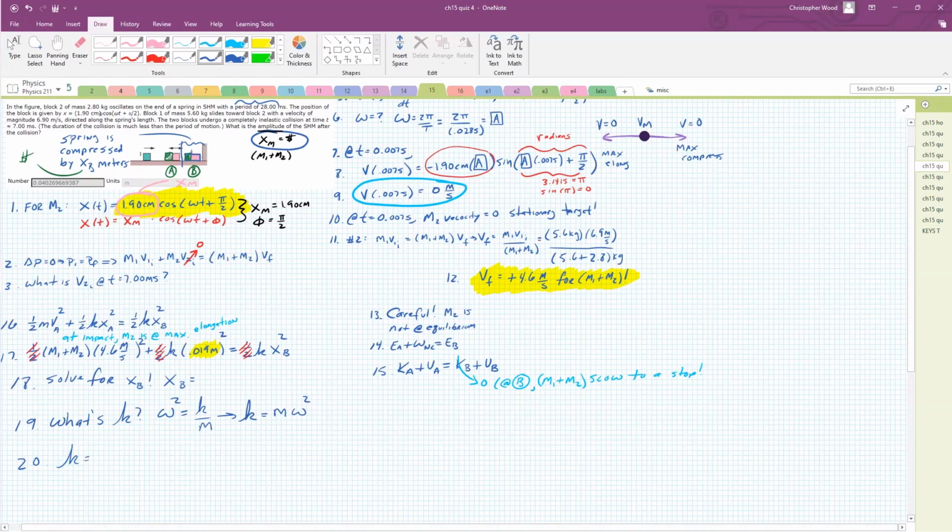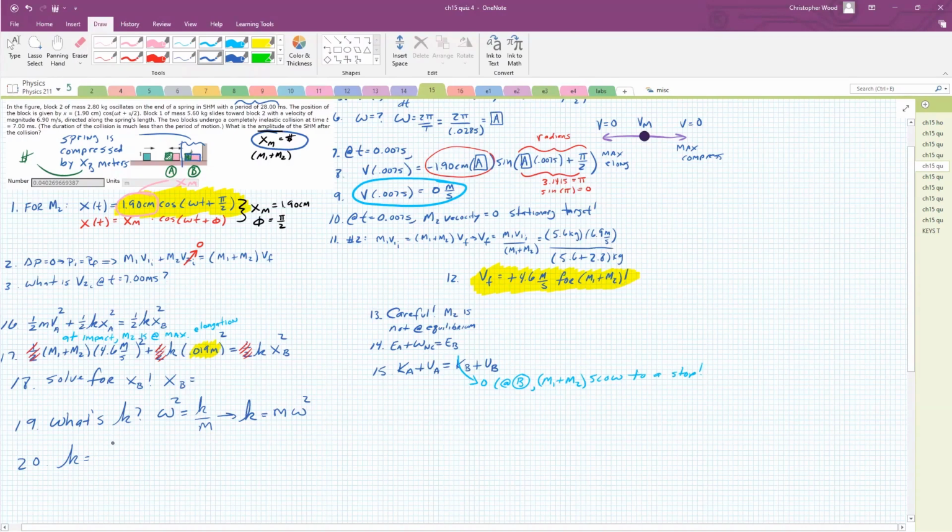Before the collision, block 2 was bouncing back and forth with that period, 0.028 seconds. In fact, I have omega right here. Is it still sitting there in memory location A? 2 pi divided by 0.028. So I already have omega, so I'm going to repurpose it.